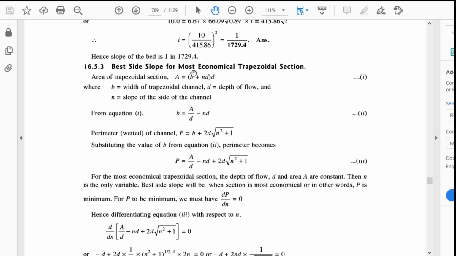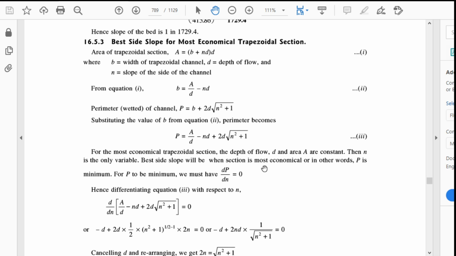As we know, for any most economical section, the first condition is that the discharge from that section will be maximum, and the second is that the wetted perimeter of that channel section should be minimum. So here I have found the wetted perimeter of that trapezoidal section.